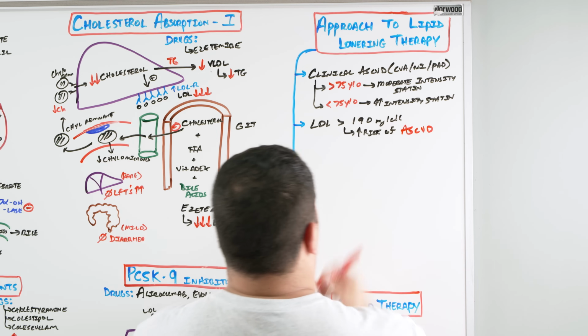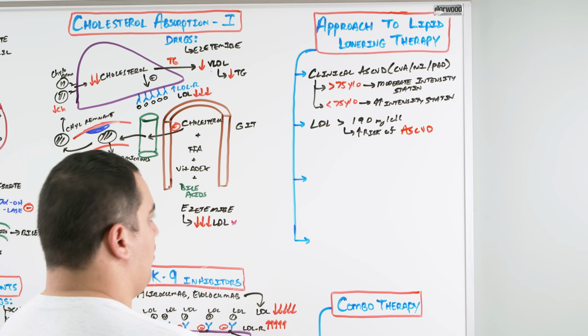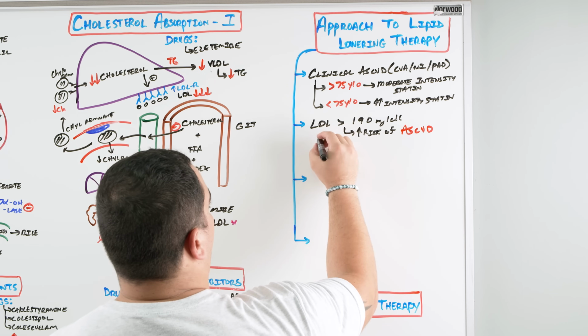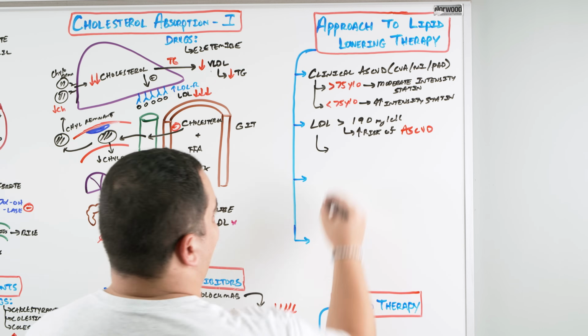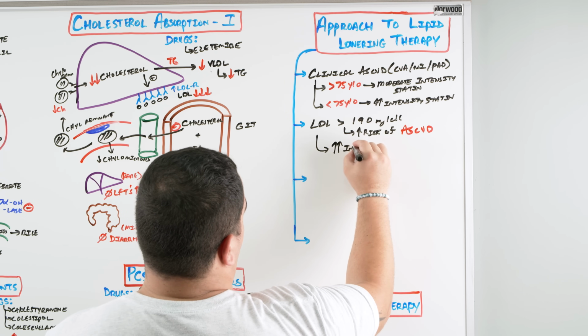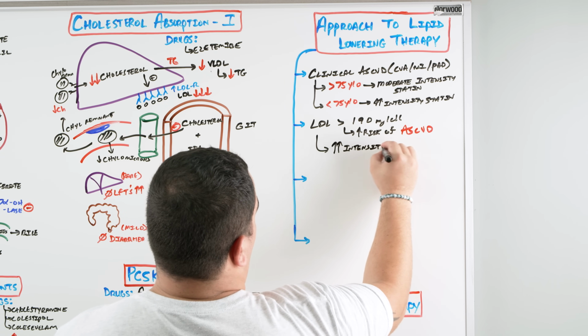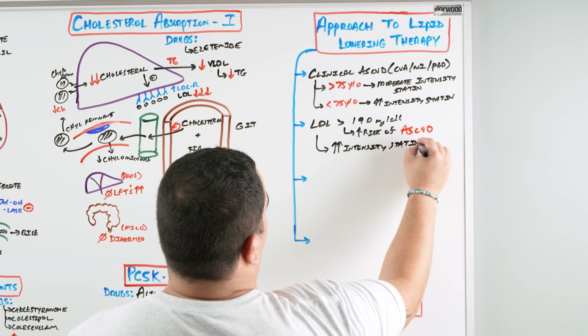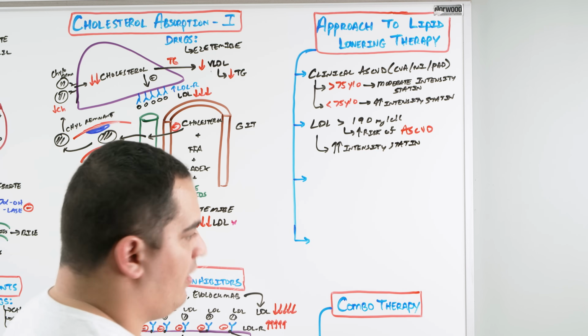You really need to get on top of these patients. You don't want to delay. And so for these patients, regardless of any other type of parameter, you start them on high intensity statins. So this would be your rosuvastatin greater than 20 milligrams or your atorvastatin greater than 40 milligrams.